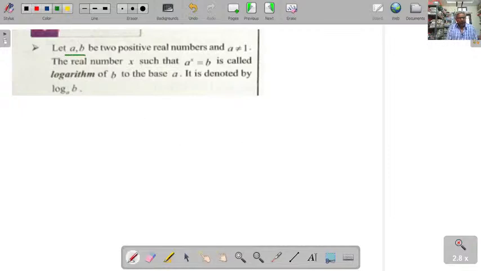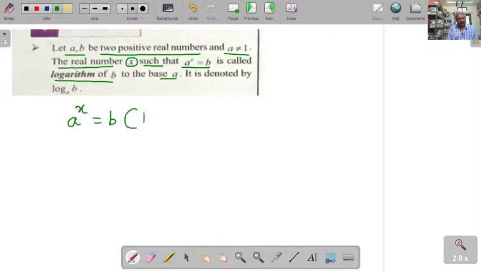Let a, b be two positive real numbers and a does not equal 1. The real number x such that a power x is equal to b is called the logarithm of b to the base a. It is denoted by log b to the base a.